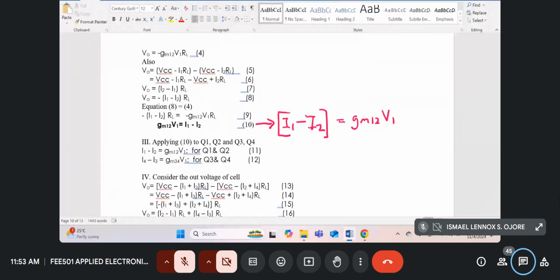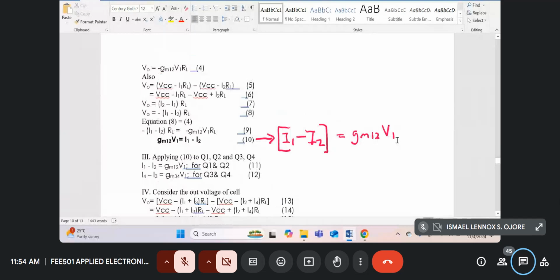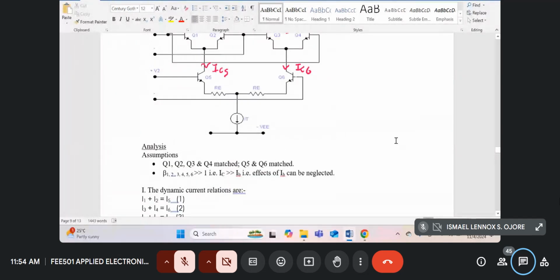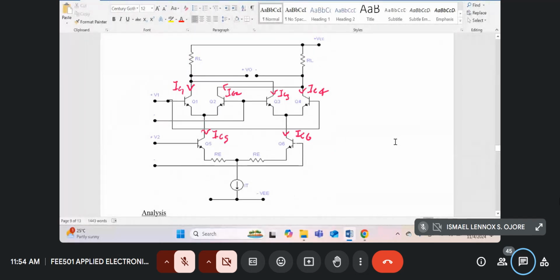So now let's apply this result 10 to the transistors Q1, Q2, Q3, Q4. Now, I wish I could use a minimized version of this diagram. Let me just draw the general differential amplifier here next to this one.